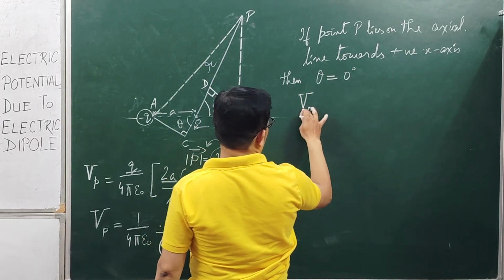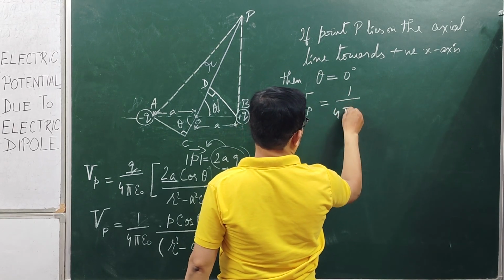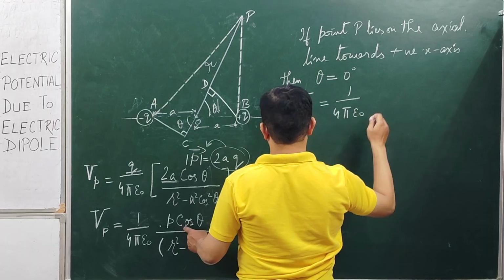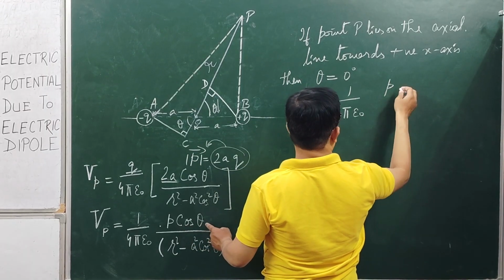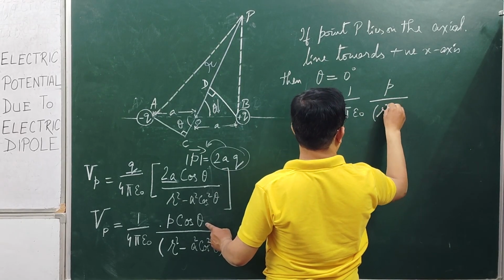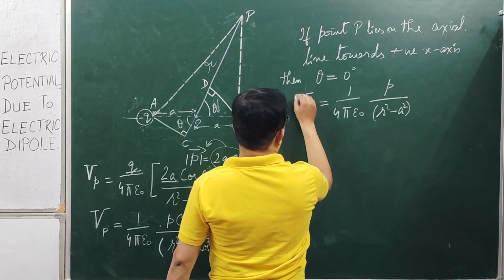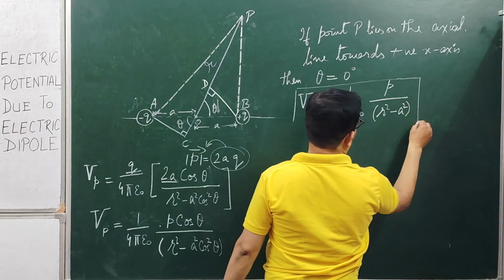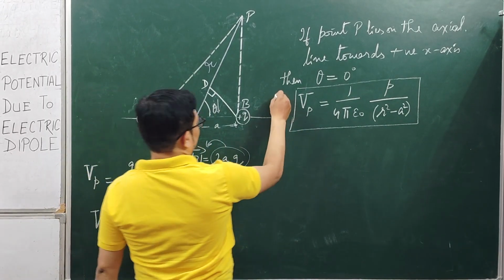If this is the situation, then what's going to be the net potential? It's going to be 1 over 4 pi epsilon naught. In the numerator, we would put P cos theta, and cos 0 is 1, so it's just P. In the denominator, it becomes R square minus A square. This is what we get when theta is equal to 0. So this is the first situation.